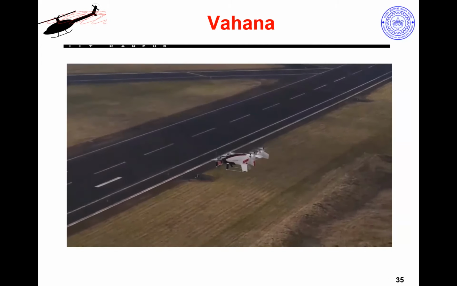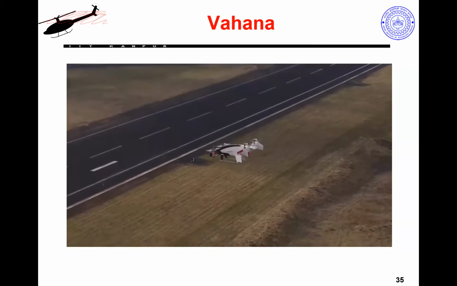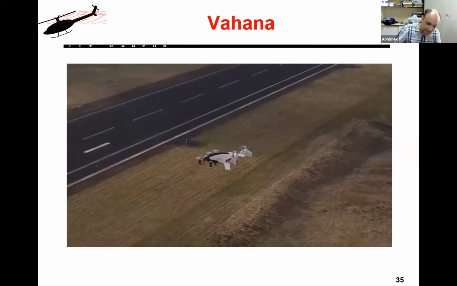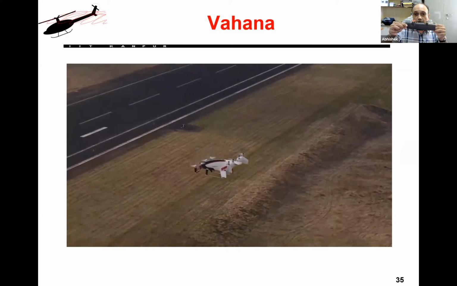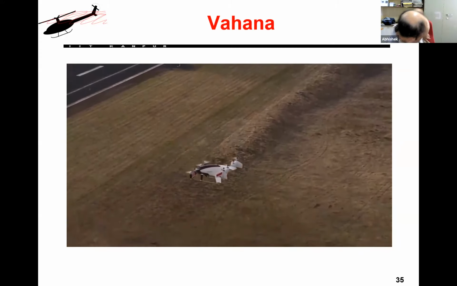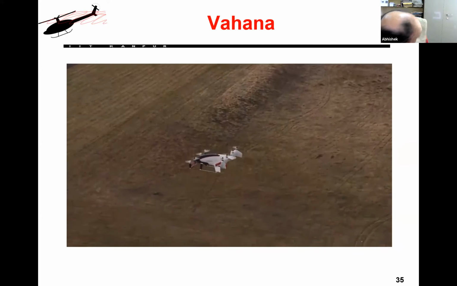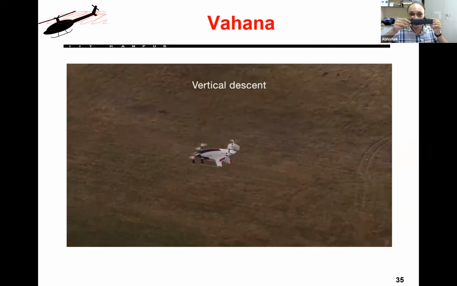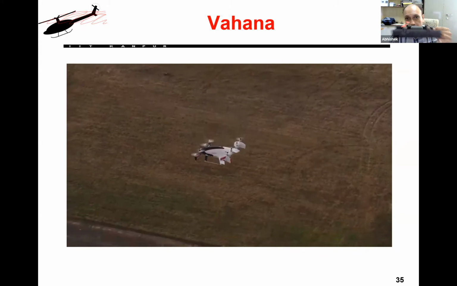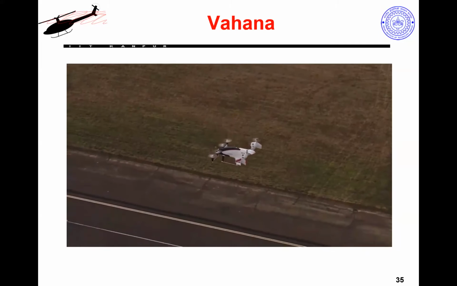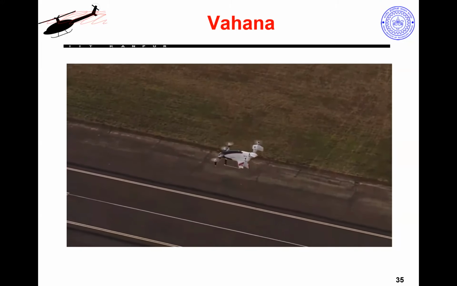So when I start take off, I'm hovering, and from hover now I actually want to transition and go into forward flight. Normally, if I start moving like this, what is the angle of attack of my wing if my vehicle starts moving like this? 90. Exactly, 90 degrees. So that was the concern.